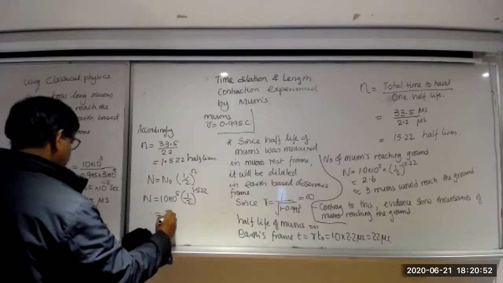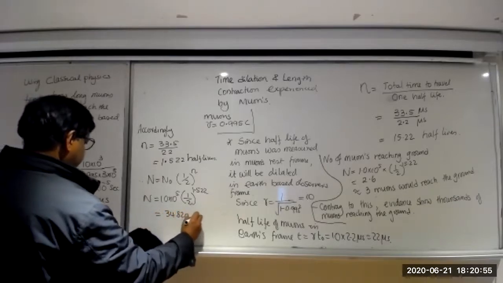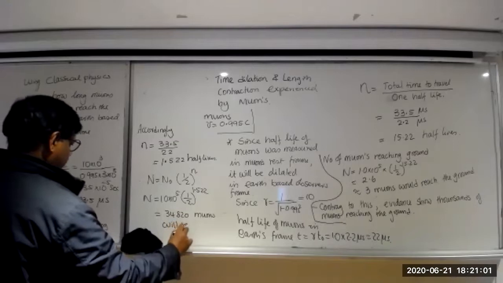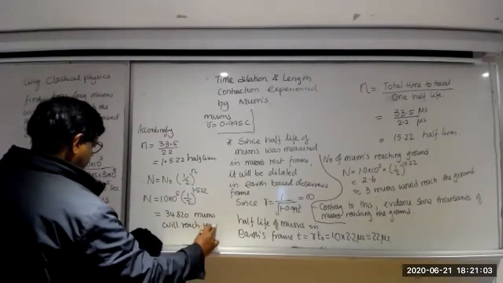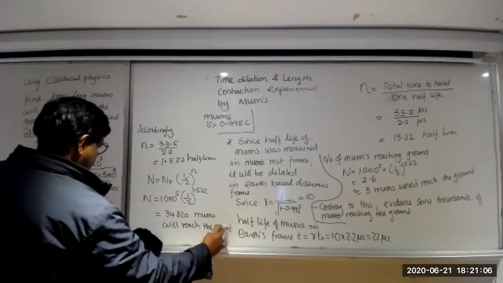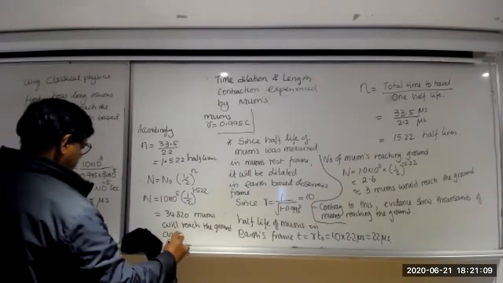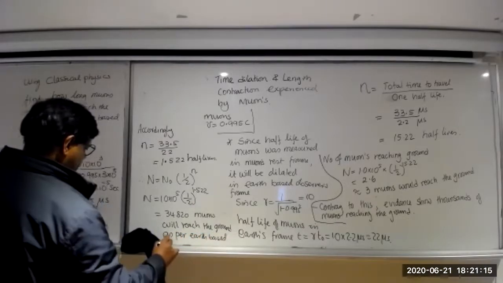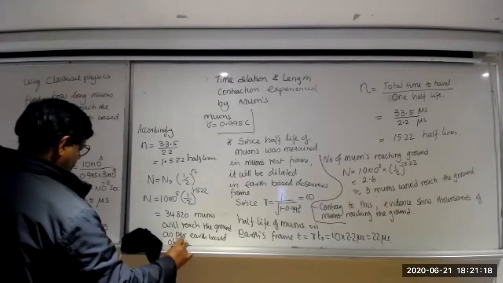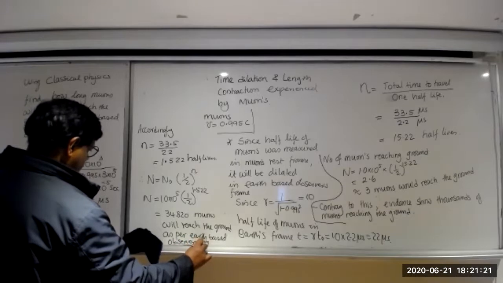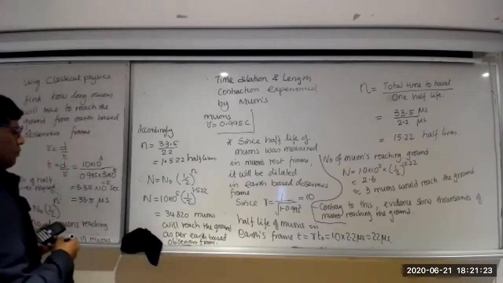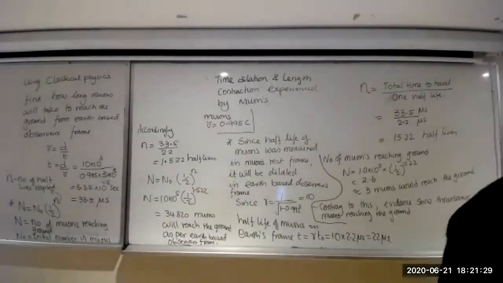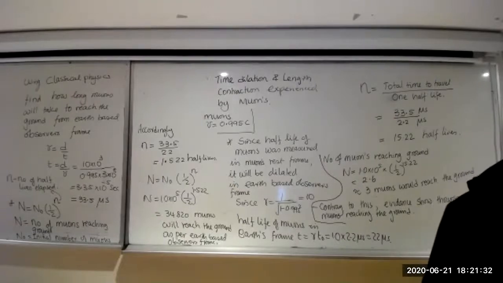Therefore, 34,000 muons will reach the ground. So that many muons will reach the ground according to the Earth-based observer's frame.